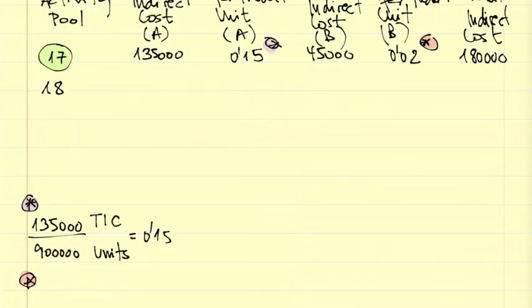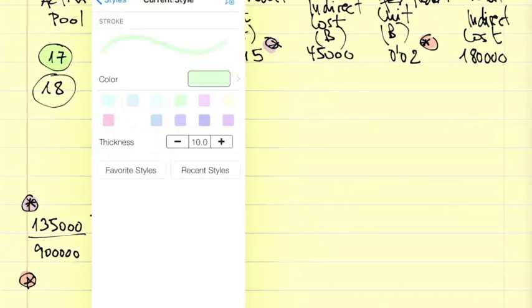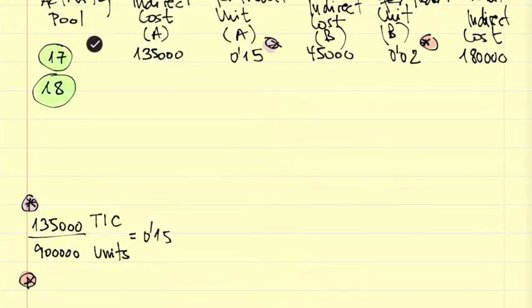Number 18. This is 225,000. This is 0.25. This is 150,000. 0.07. So we have a total of 150,000.